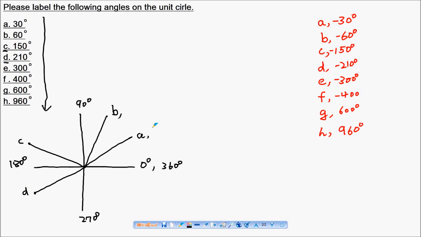Let me input all the values in so it doesn't look confusing. So I have 30 degrees here, 60 degrees here, 150 degrees, and 210 degrees. When I have 300 degrees, it's somewhere there. And 400 degrees, basically I have to go around a cycle.